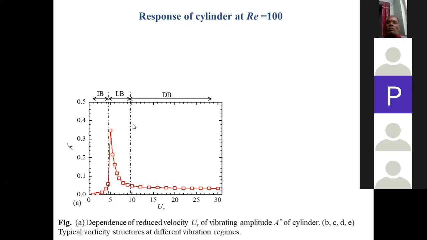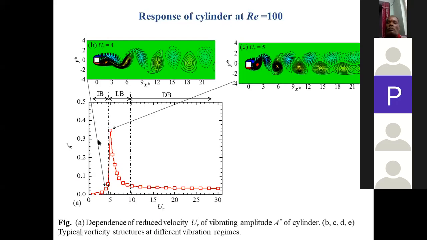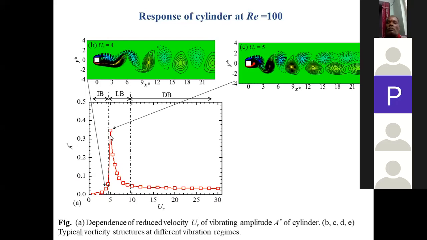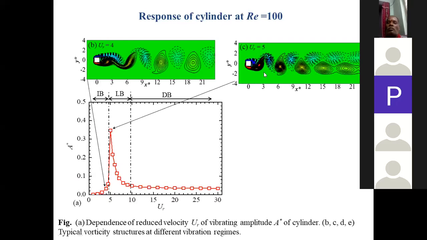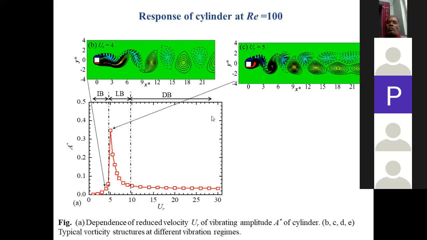So you can see here the corresponding flow structure. As the initial branch is initiated, what is the flow structure here for this corresponding reduced velocity 4? And in this synchronization region, when the amplitude is larger for this particular problem, what is the flow structure here? Just two pairs of vortices shedding in each cycle.